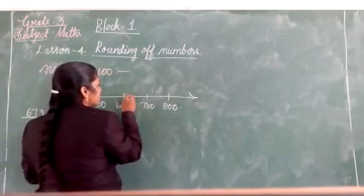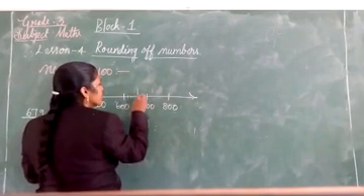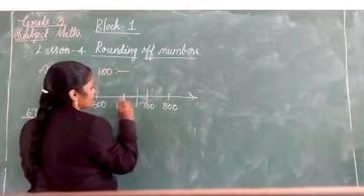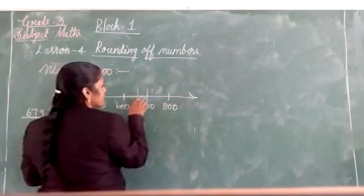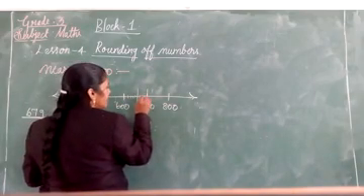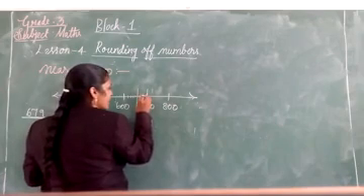Therefore 610, 20, 30, 40, 50, 60, 70, 80, 90 and 100. That is 700. So where is that 70? 50, 60, 70 and this one is 80. In between these two lines 79 is there.